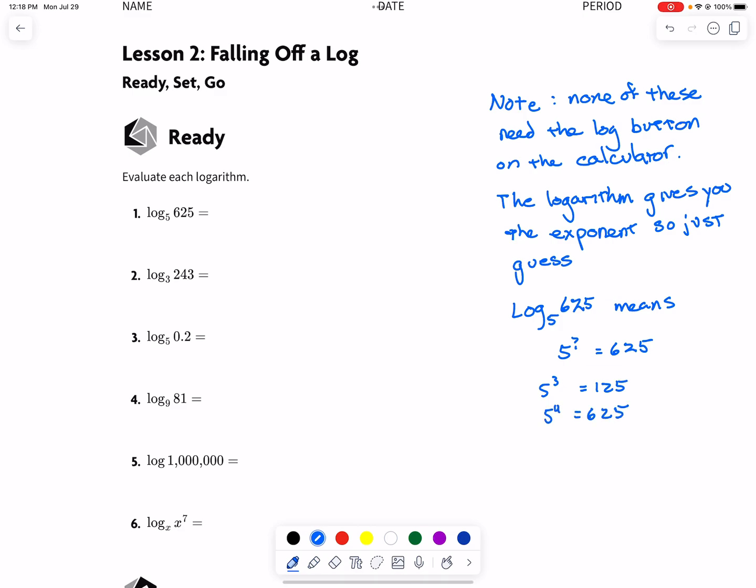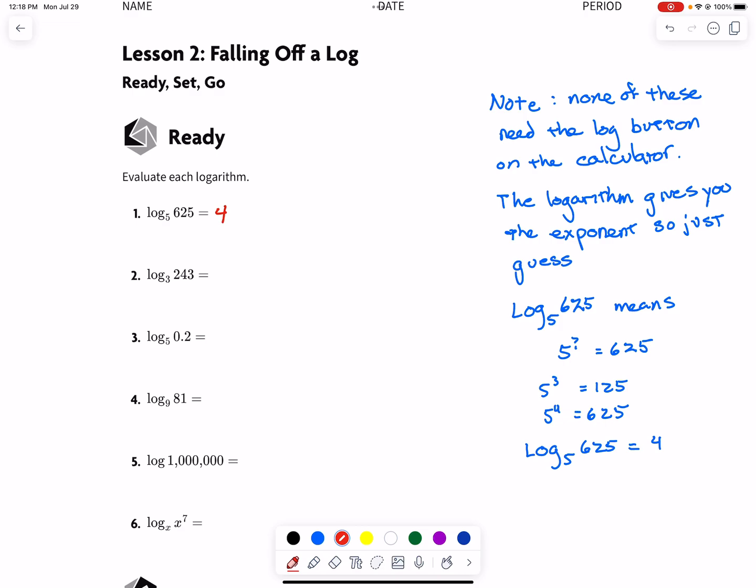Bingo, that's it. If you had typed in 5 to the 5th, 3125, that's too much. Try something smaller. Log base 5 of 625, the answer is the exponent. So for the first problem, 4.